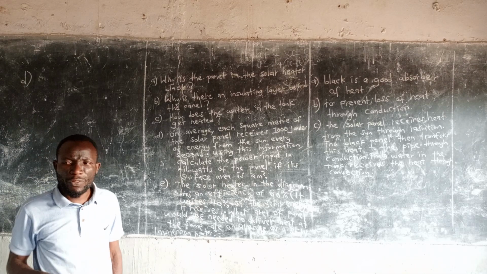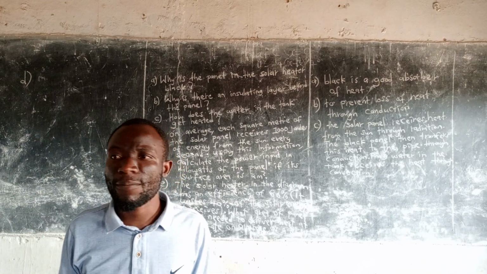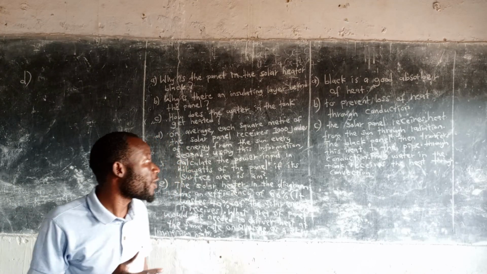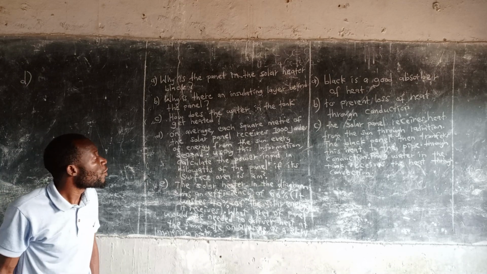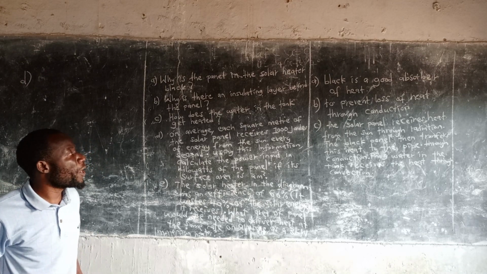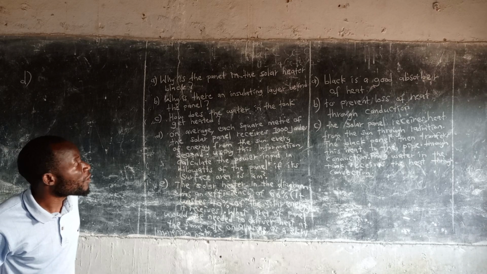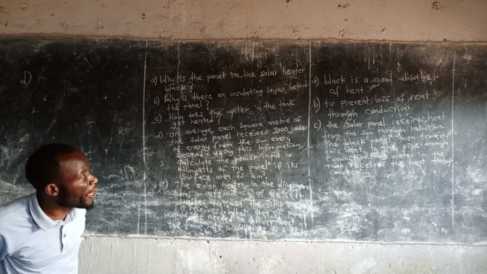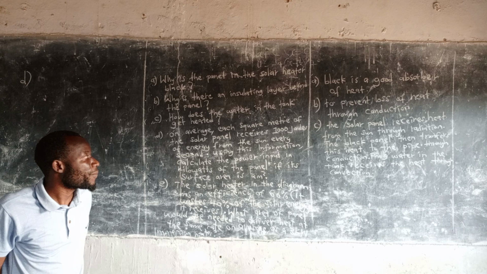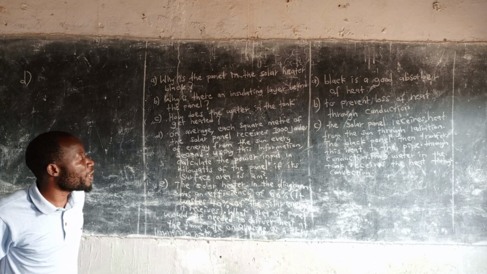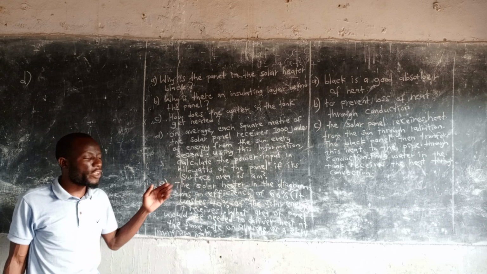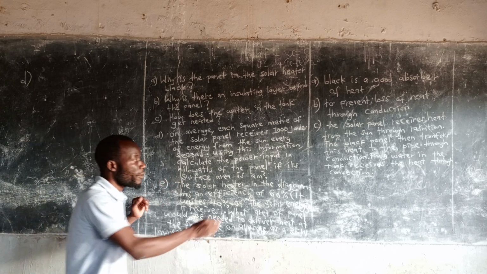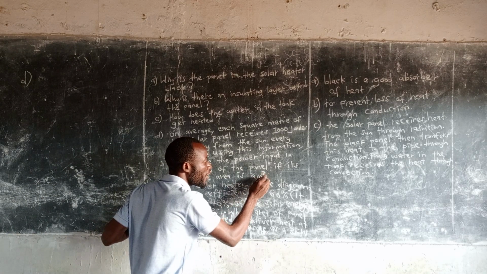Now, I want people, if they are writing, please stop writing. In D, you won't understand it if you are writing. So listen: on average, each square meter of a solar panel receives 1,000 joules of energy from the sun every second. Using this information, calculate the power input in kilowatts of the panel if its surface area is 2 meters squared.